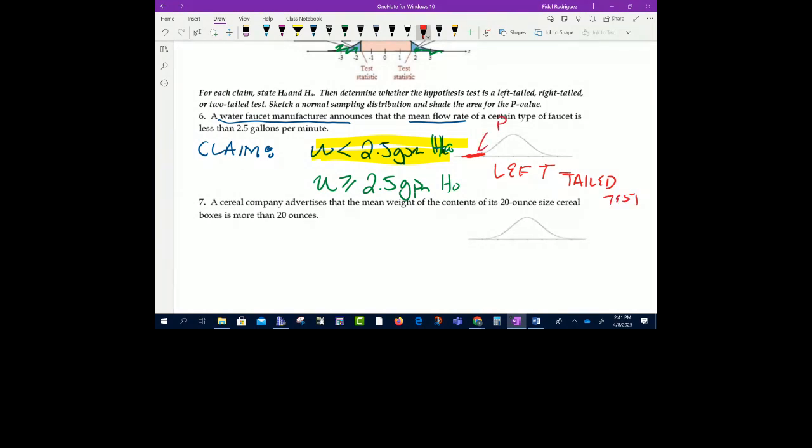And that's going to be my P right there. We're going to figure out what that probability is on Thursday. Just pay attention to the arrow on the HA every single time.